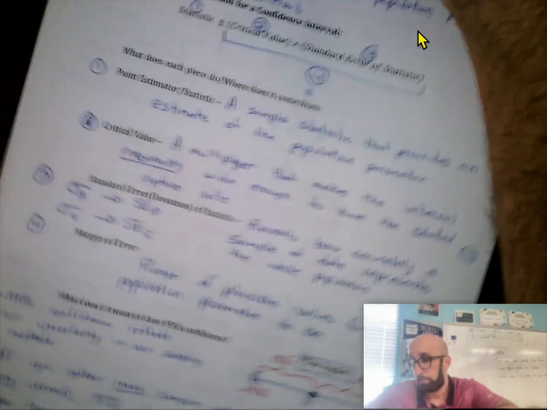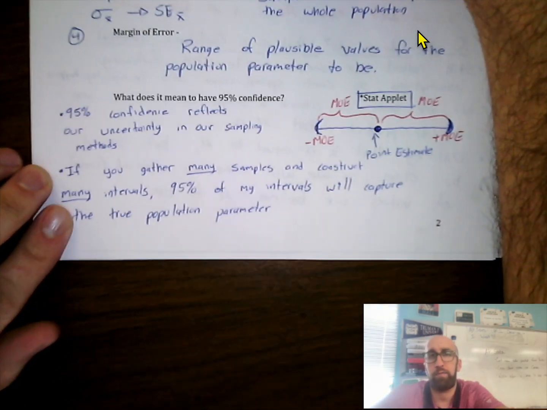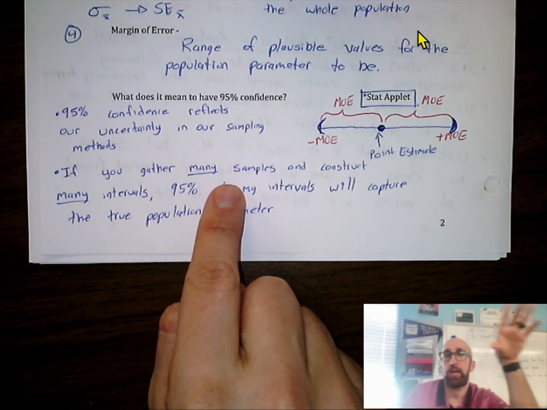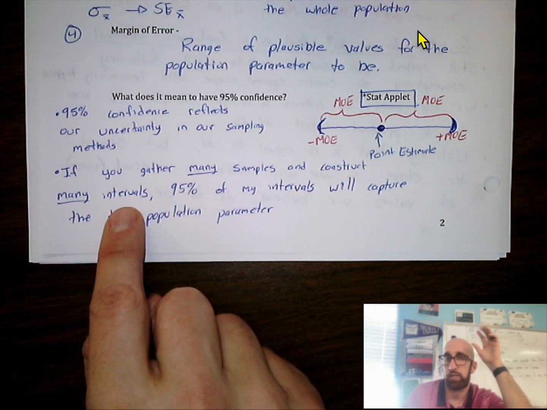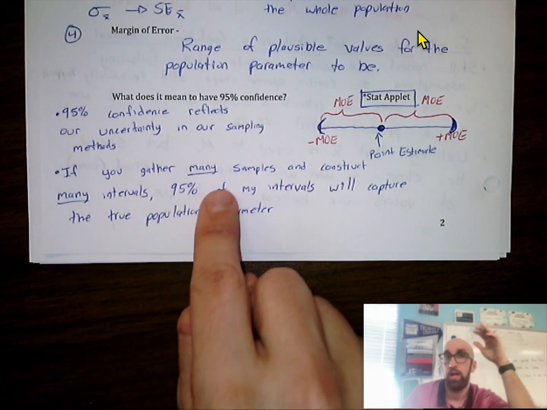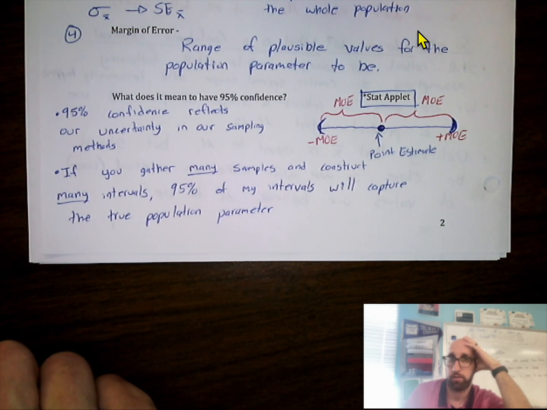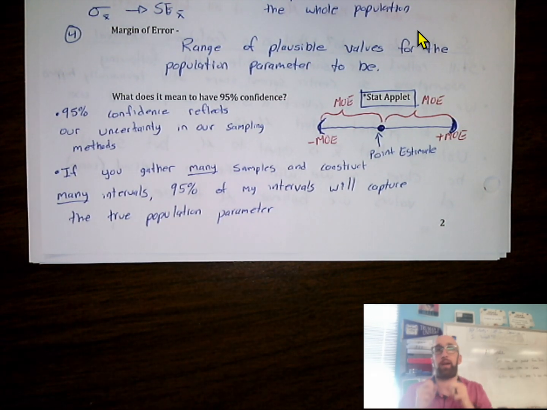So what 95% confident means is if you gather many, many samples and construct many, many intervals, 95% of my intervals will capture the true population parameter, okay? It's like if I grab a sample, build an interval, different sample, build an interval, different sample, build an interval, 95% of those intervals will capture the true population proportion.